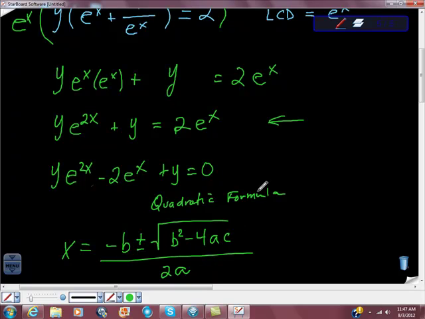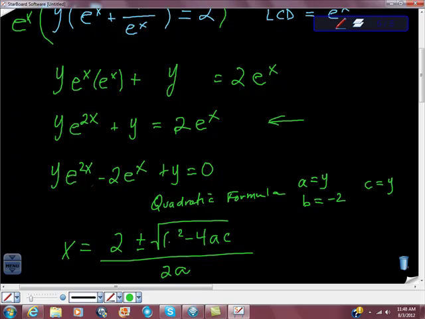The question is, are you okay with the fact that a is equal to y, b is equal to negative 2, and c is also equal to y? So the opposite of negative 2 is 2, because it says the opposite of b.